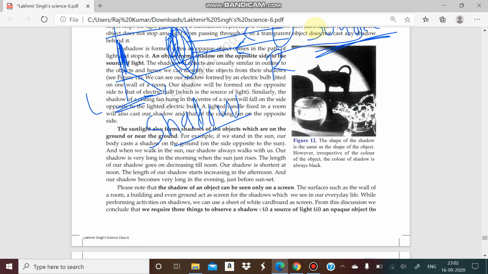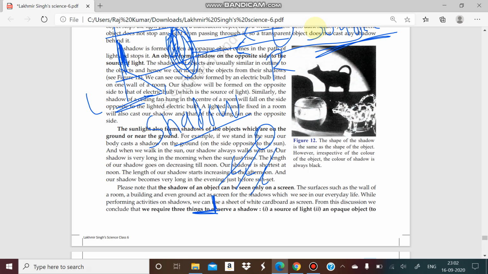Now see, if the sunlight comes from the sun, as we know the sun is at a great height. Suppose this is the sun and here we are present. Sunlight will come from this direction and our shadow will be formed on the floor, on the ground. Why? Because it is just the reverse side.